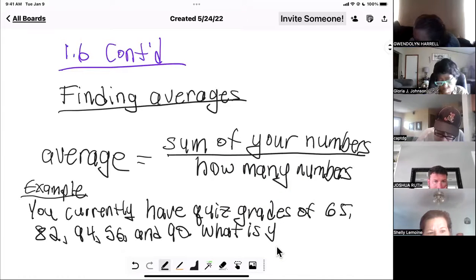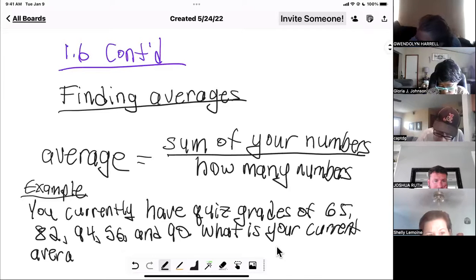What is your current average? Well, what we would have to do is add up all our numbers, 65, 82, 94, 56, and 90, and divide it by how many numbers we have. And if you count the numbers, we have 1, 2, 3, 4, 5 numbers.